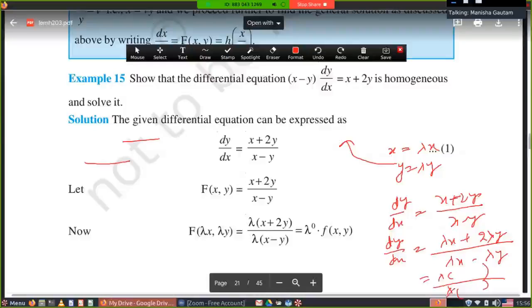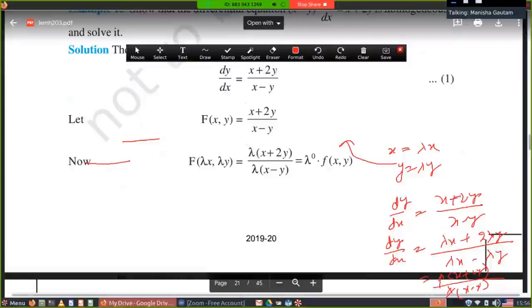What will you get? Lambda is cancelled. Here is x plus 2y, here is x minus y. The same statement you will get. It means after putting lambda x and lambda y, you are getting the same function which is given. Lambda will be cancelled. If such type of statements are given to you, it means the statement is a homogeneous differential equation.